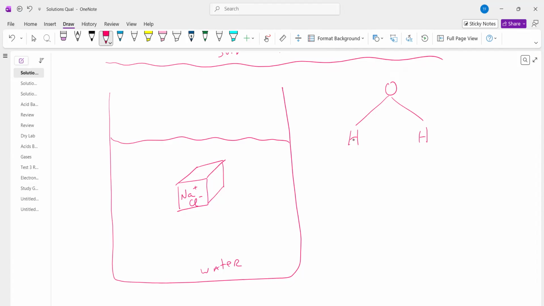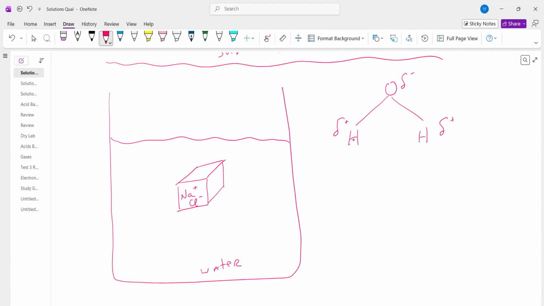Now, this is what water looks like. And the thing about water, it's very, very, very polar because of the oxygen in there. Whenever you introduce oxygen to any compound, it makes it polar. So by being polar, certain parts of it take on a partial positive charge, and another part is going to be partially negative.